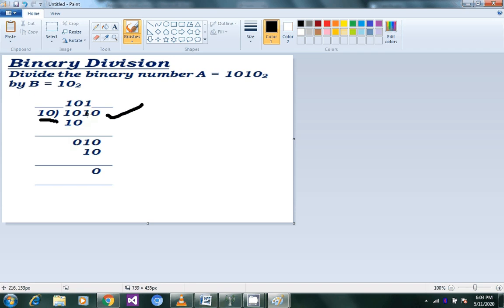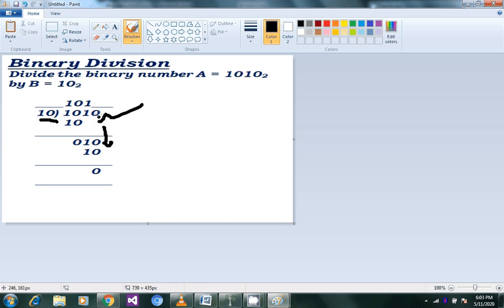When you carry forward this 1, then it doesn't divide by this 10 because it is 0 1 only. So you write here 0 and write this 0 also here, and it becomes 0 1 0.